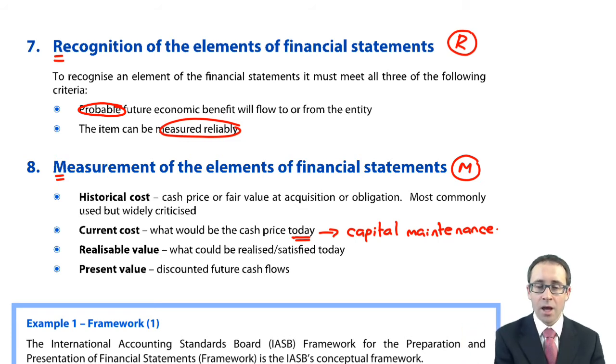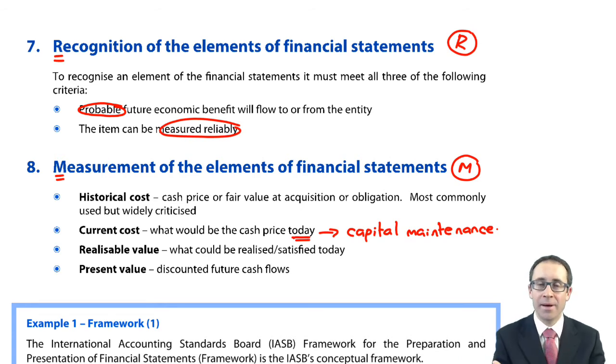Okay, what you've got there is your realizable value. So looking there at what you could sell it for today. Current cost is looking at purchasing it. Realizable value is what you could sell it for. So again, thinking about inventory, you value at the lower of cost, so its historic cost, and its net realizable value.